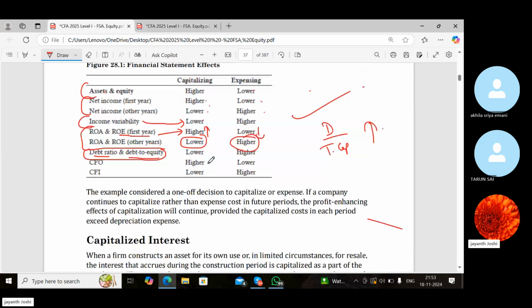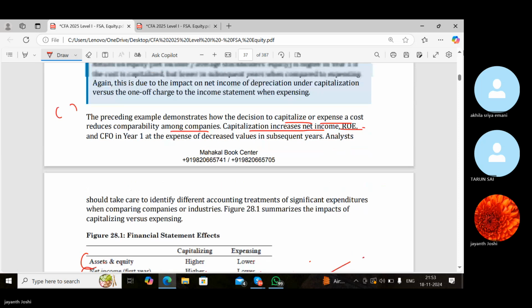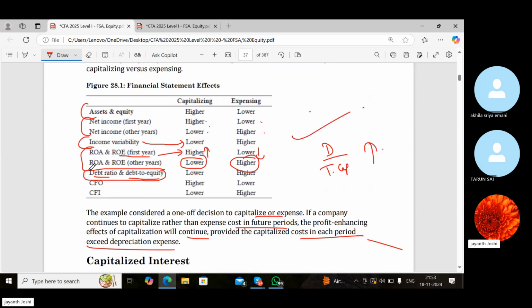The example considered one addition to capitalize or expense: if a company continues to capitalize rather than expense costs in future periods, the profit enhancing effects of capitalization will continue to provide, as long as the capitalized cost in each period exceeds depreciation expense. But they haven't given the data, so okay.